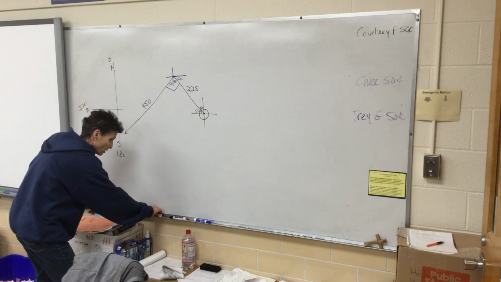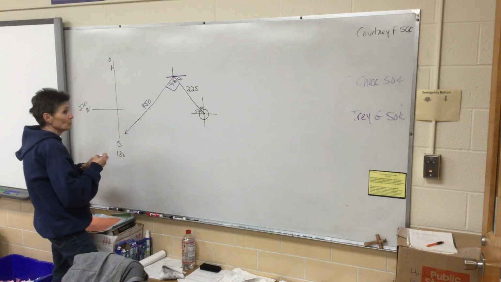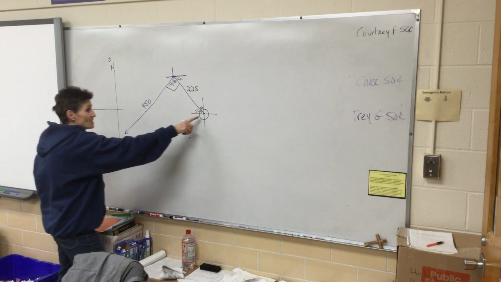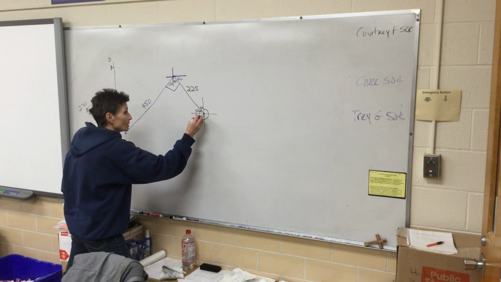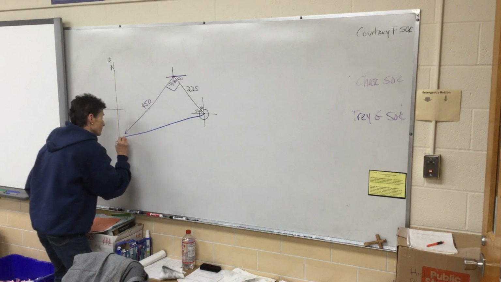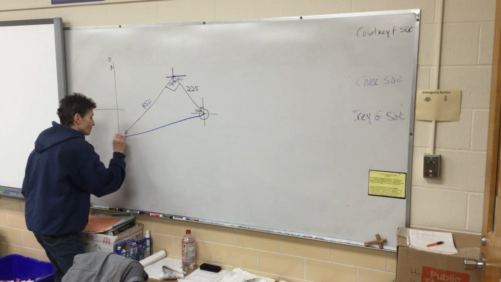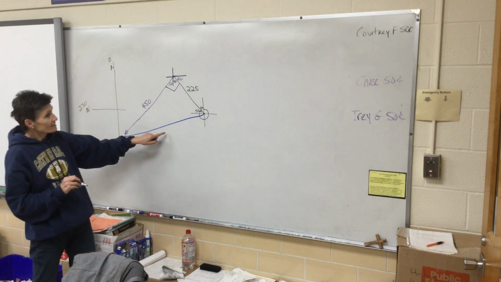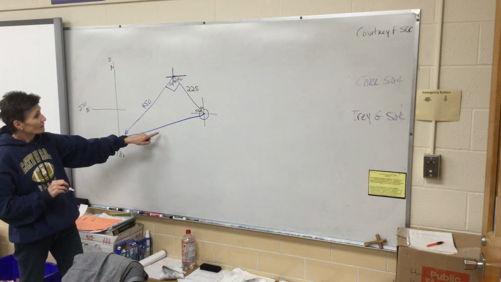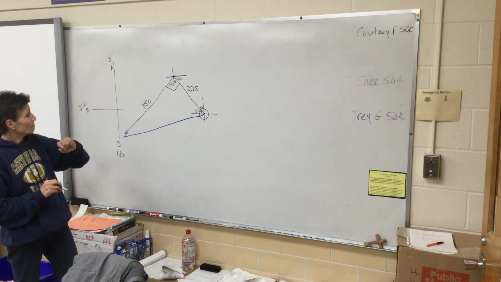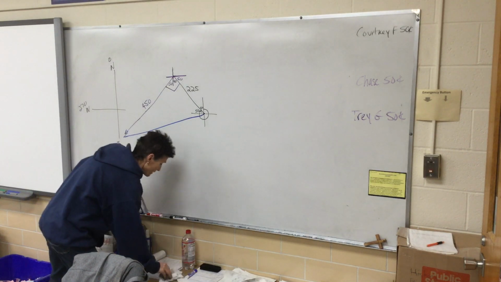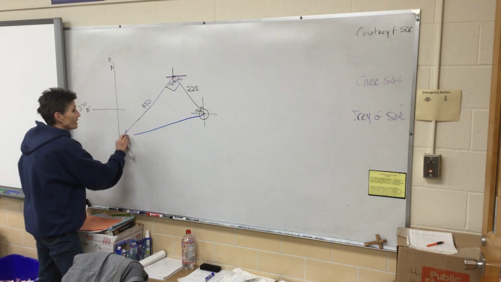So I'll use yet another color here. I'll put my blue in from the airport. Remember, this was the airport. This, guys, is the hypotenuse of a right triangle.